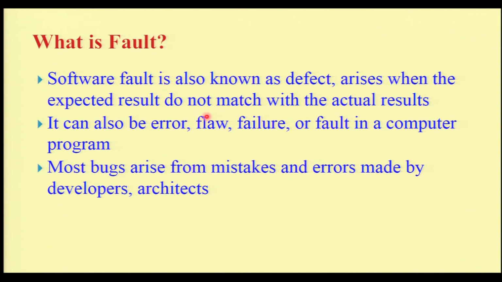Software fault is also known as the defect. The defect arises when the expected result does not match with the actual results. It can also be an error, flaw, failure, or fault in a computer program. Most bugs arise from mistakes and errors made by developers or architects.